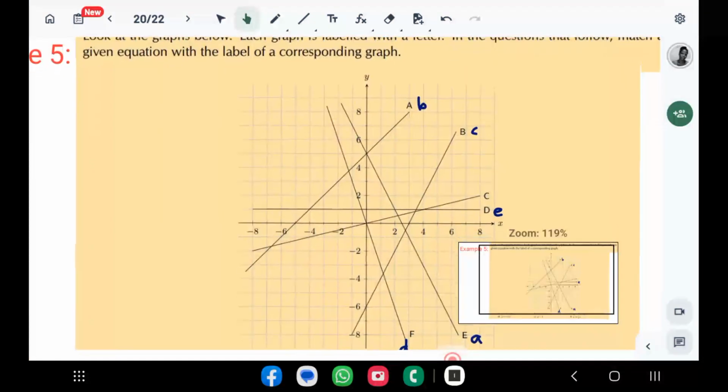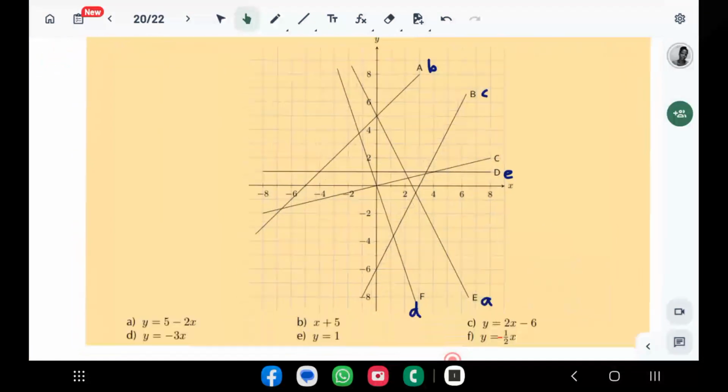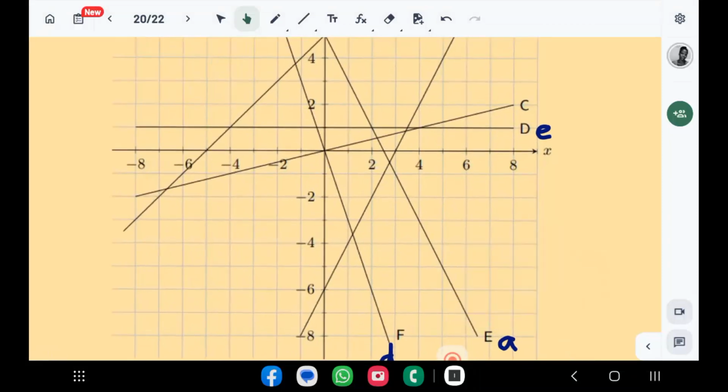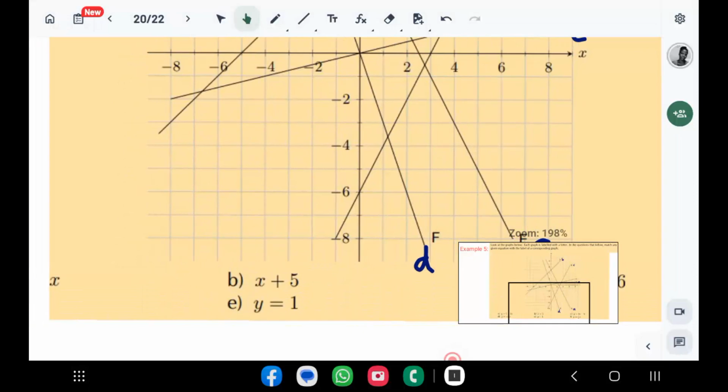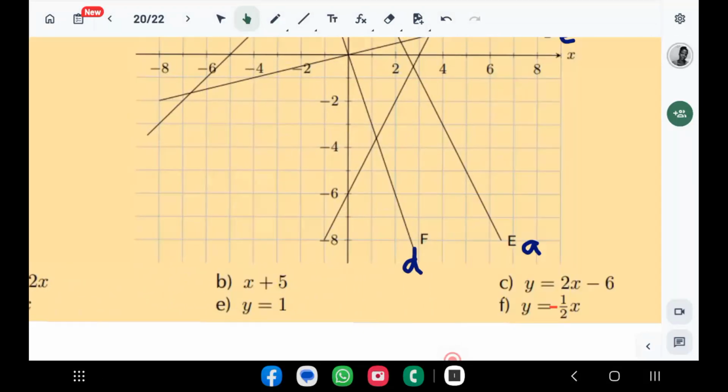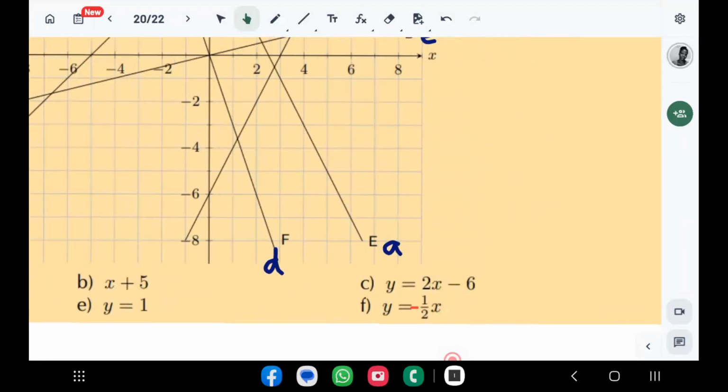Now let's see what the other one goes with. Number C is your y-intercept at 0, but let's look at the gradient. 1, 2, 3, 4, 1. So it's 1 and 4. So that should be 1 over 4.